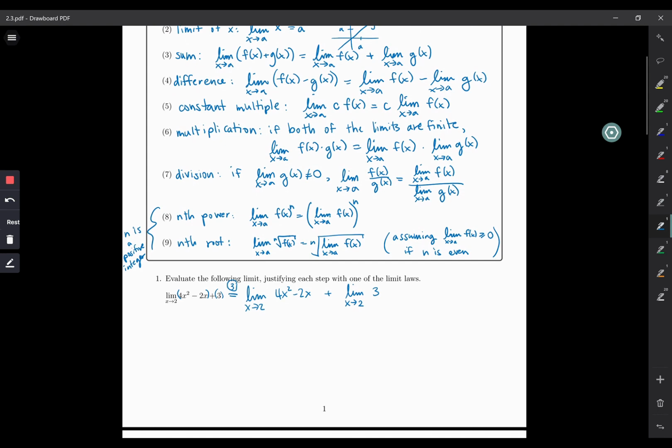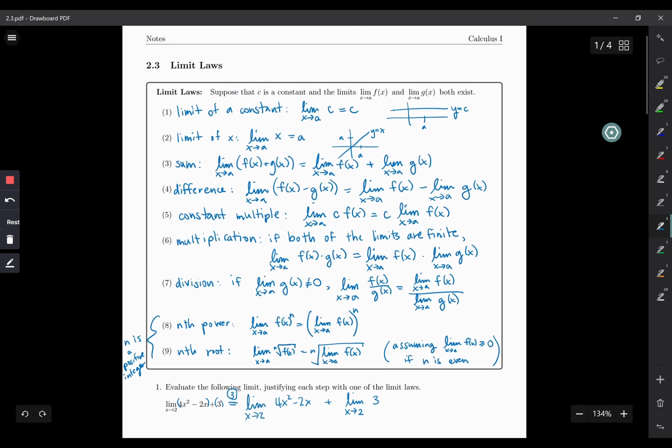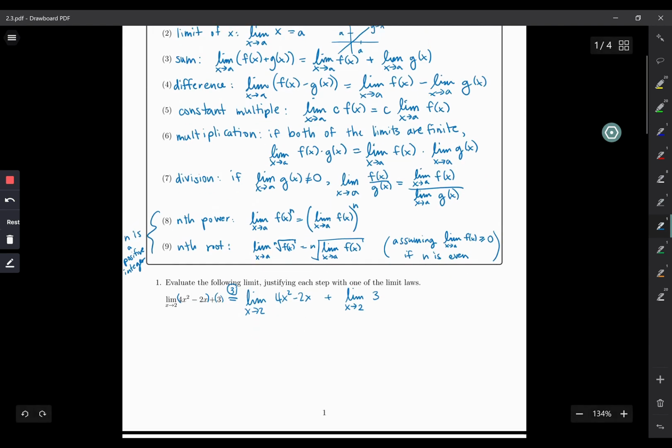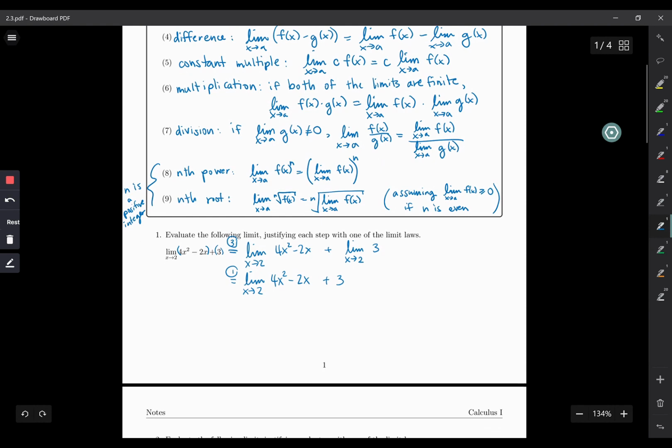I think I'll deal with this piece first. This is the limit of a constant, so I can use rule 1 to say that that limit is equal to 3. So using the first rule, I get, just to be clear, the limit as x goes to 2 of this piece plus the number 3.